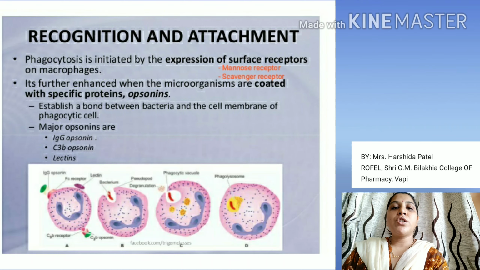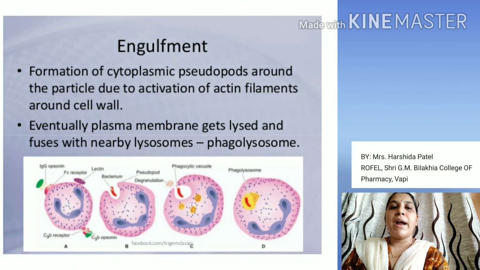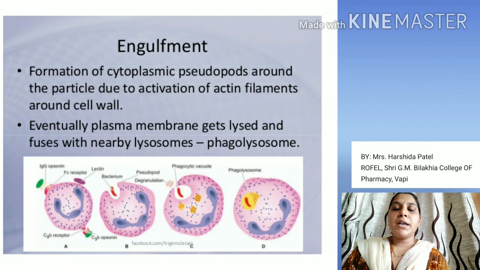After the bond is formed, the second process starts, which is called engulfment. It starts with the formation of pseudopods around the particle, whether it is an infectious material or an injurious agent, due to the activation of actin filaments around the cell wall.